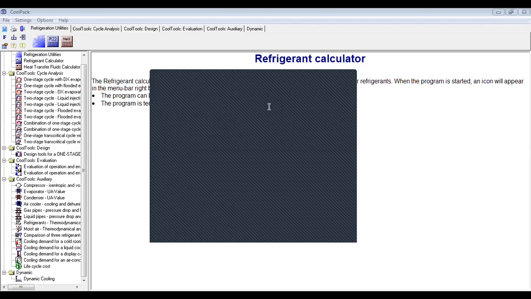So you can give the values. Let's say temperature 100.